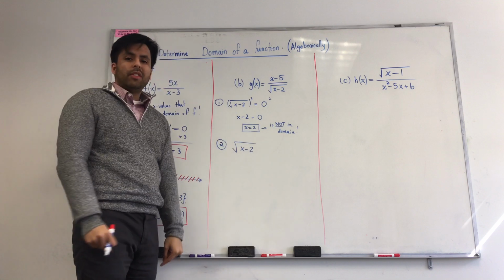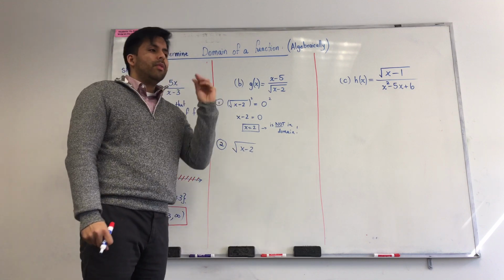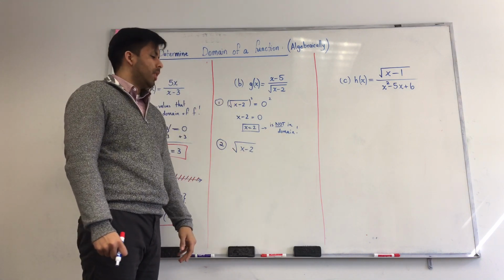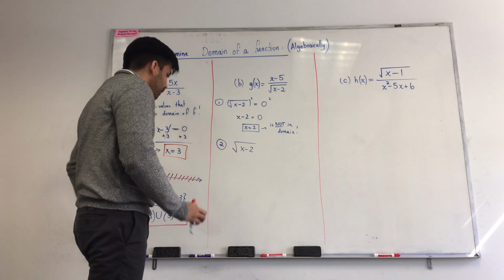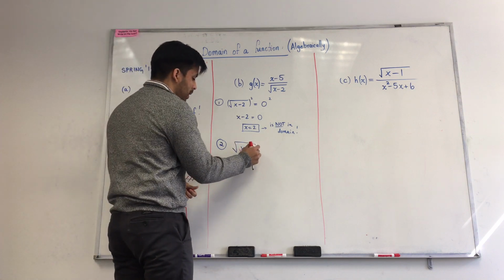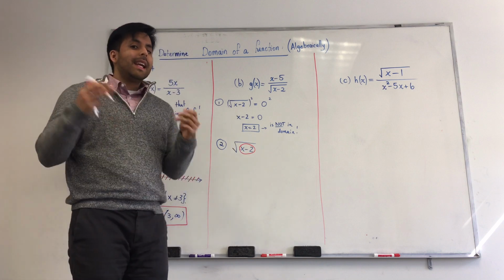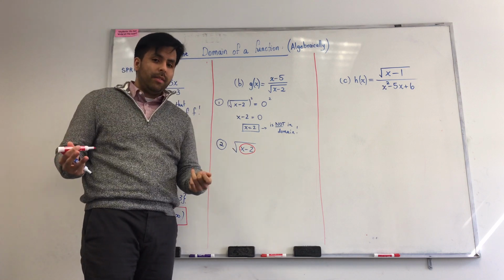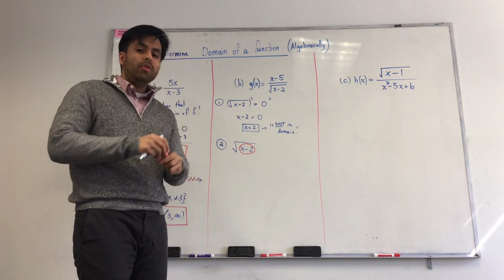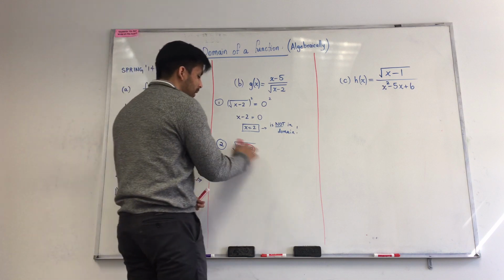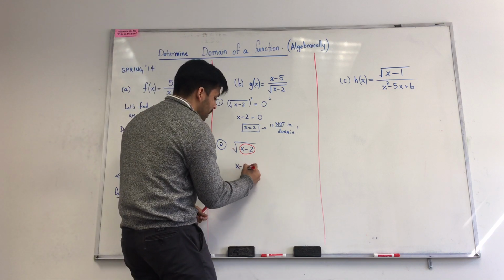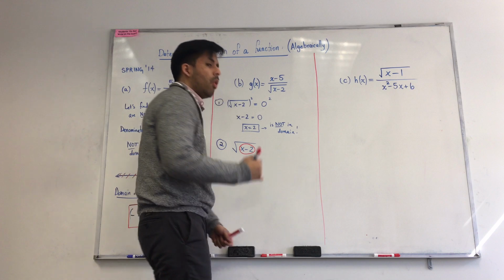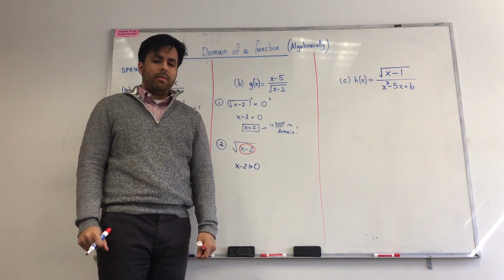Now, the square root function, what do we know about the parent square root function? We know that whatever is underneath the radical cannot be negative. So then what do we usually say? We usually say that x minus 2 must be greater than or equal to 0.